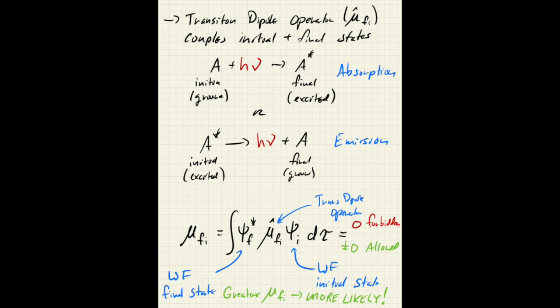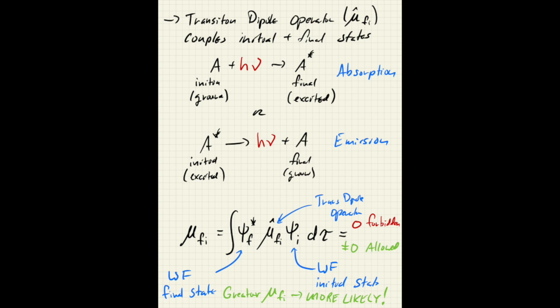No matter what the initial and final states are, we always draw the operator the same way, because what we're curious about is the value or the magnitude of the transition dipole, which is simply mu sub fi.